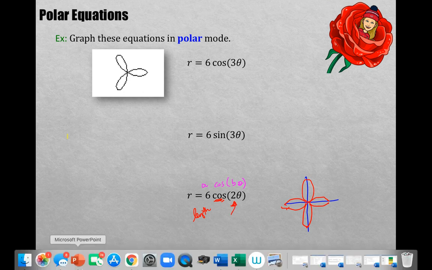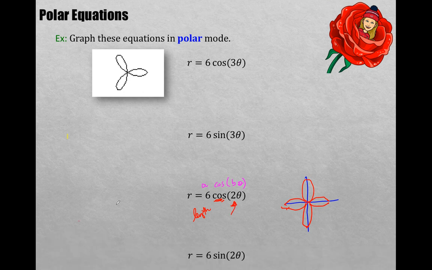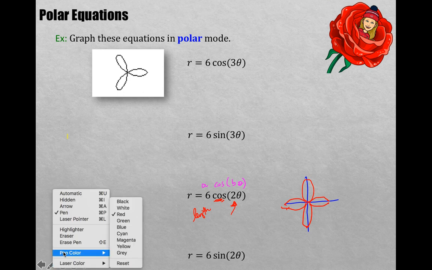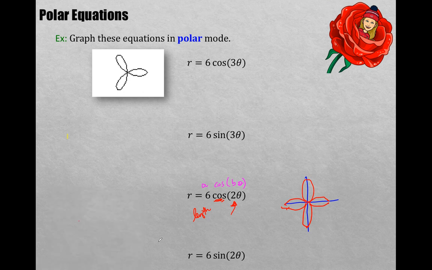Well, I wonder what this looks like. Put that in your calculator. What do you get? You get petals with a length of 6. You don't get any orientation around any axes.